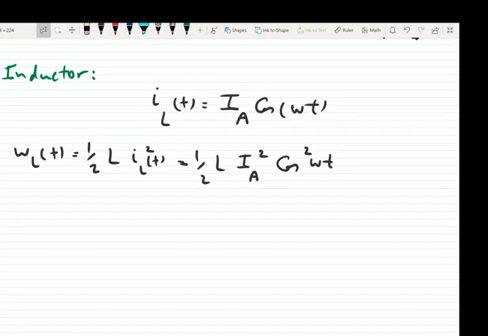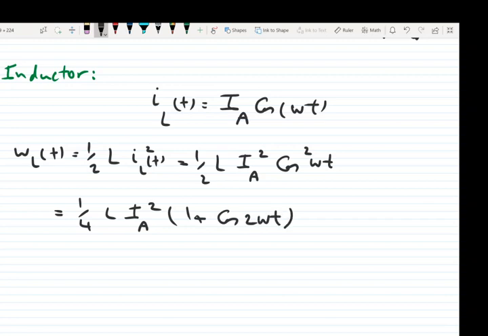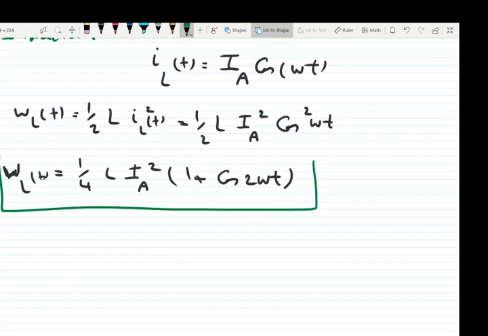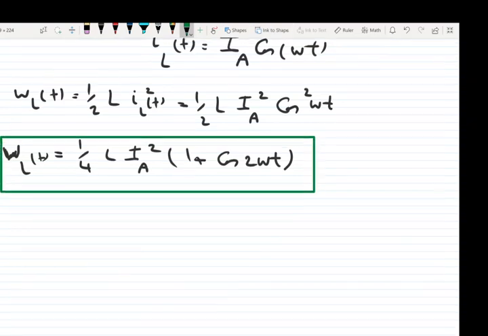It's equal to 1/4 of L Ia square times 1 plus cosine of 2 omega t. So this one is the energy, omega L of t, the energy of an inductor.